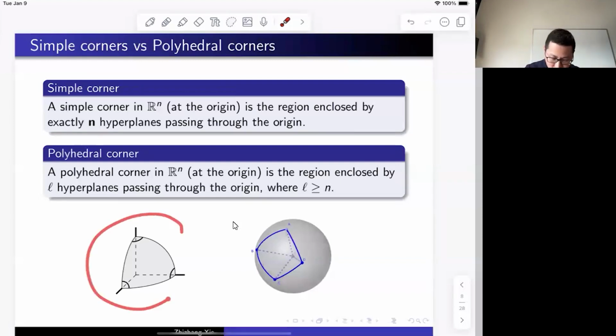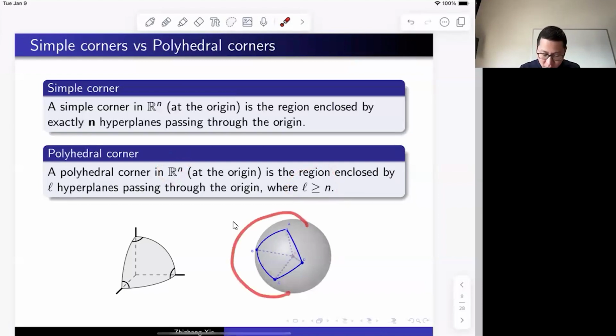For example, as this picture shows, in R^3, a typical simple corner is exactly this corner closed by three planes intersecting at the origin. That's what we call a simple corner. Now, in general, in R^n, if you have L hyperplanes meeting at the origin and the number of hyperplanes is greater than n, then we call it a polyhedral corner. For example, a picture like this.